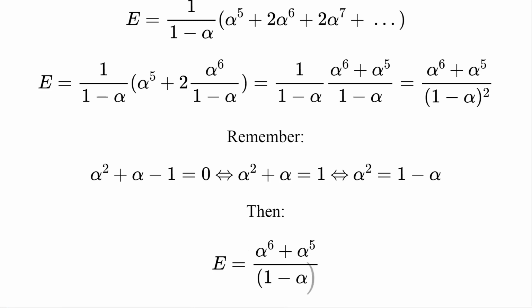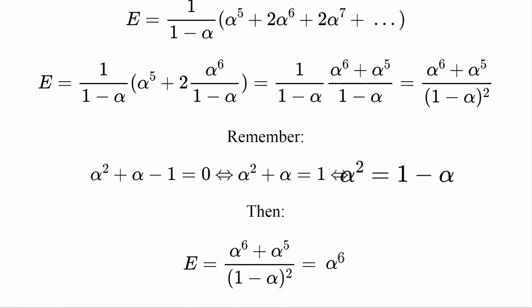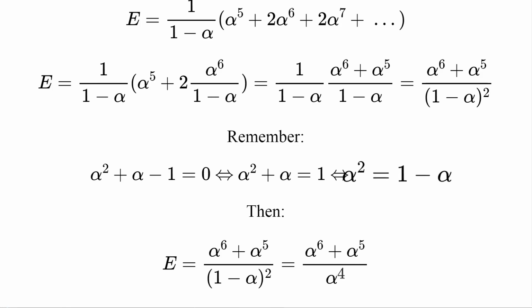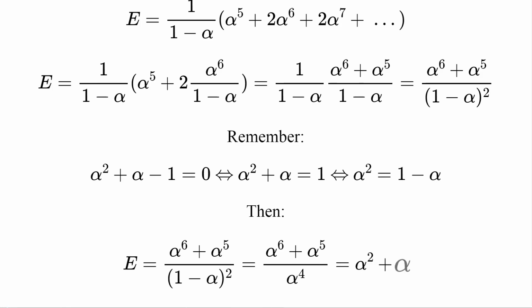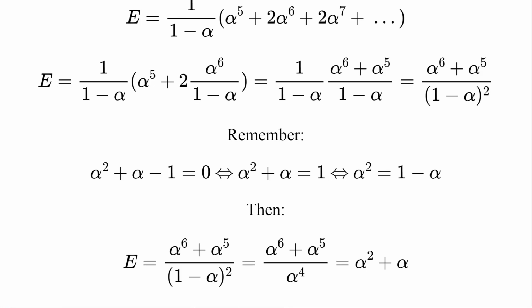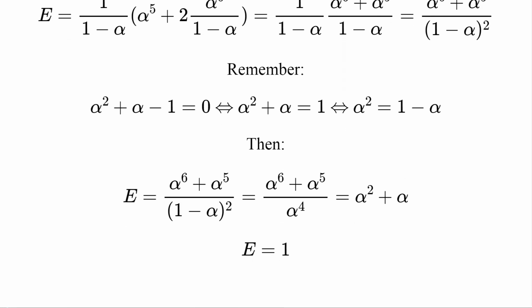We get alpha to the 4th power, and simplifying again, we have exactly 1. You know what that means? With infinitely many pegs, we have energy equal to the square we want to reach. With less than that, we'll never be able to reach that square. Wow, amazing.